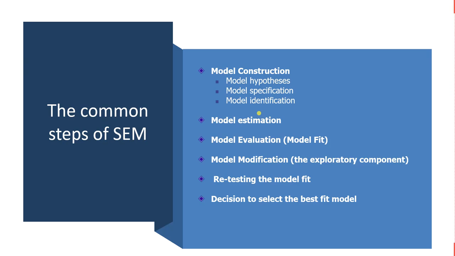Then we have to specify those models, and finally that model must be identifiable. And that hypothesized, specified, and identifiable model, when it is ready, then we can say that we have constructed a model.